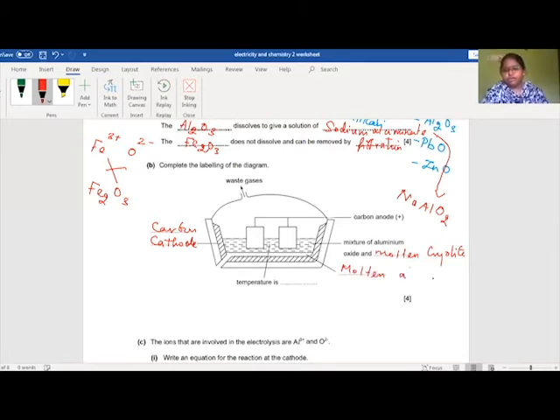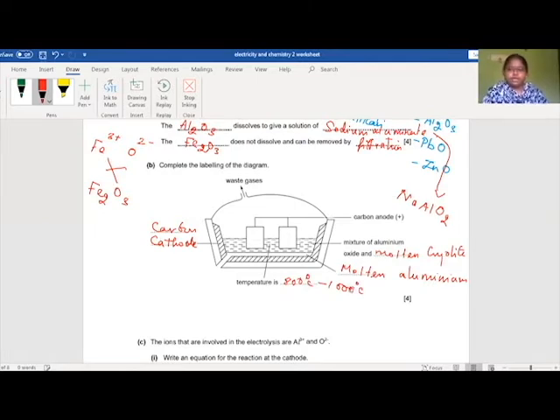What is the temperature? If there is no cryolite, the temperature will be 2000 degrees Celsius. But here we have added molten cryolite, so the temperature reduces from 2000 degrees Celsius to between 800 degrees Celsius and 1000 degrees Celsius, right?